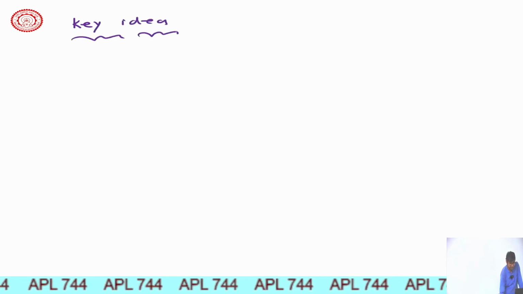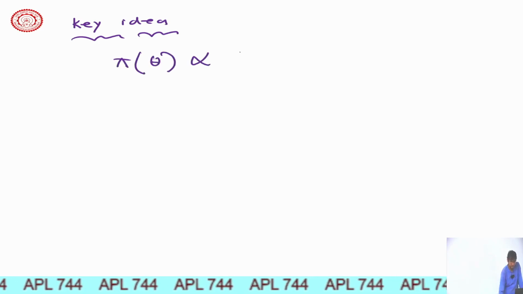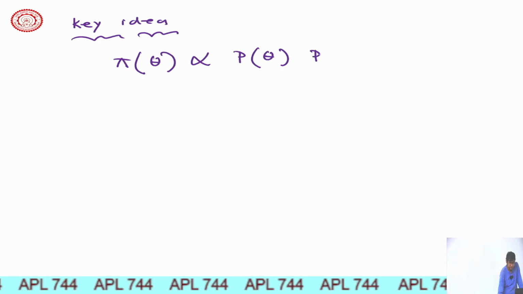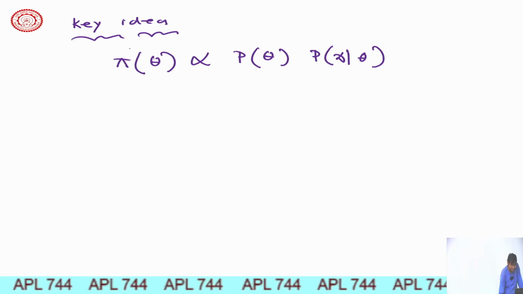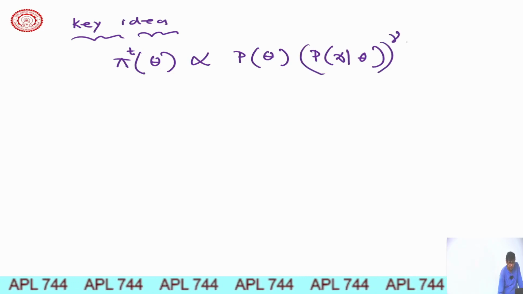I will represent pi of theta as P of theta multiplied by P of d given theta, and then I will put a t here, which means this is to the power gamma t.